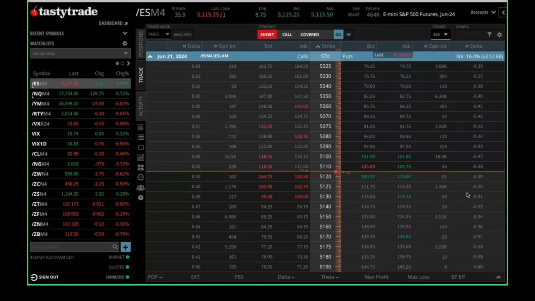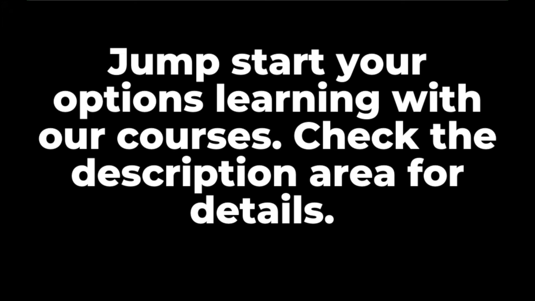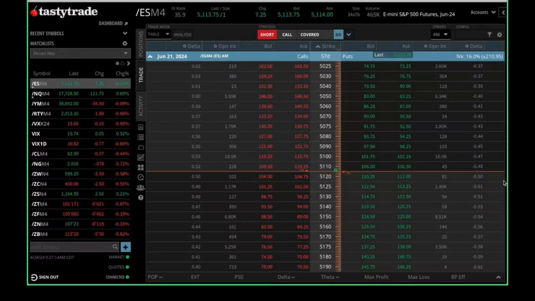Once we open up the option chain, when we're doing a bullish put spread that we teach in lesson 3, the first strategy we teach in course 1, this is my favorite strategy. To me, it's the easiest strategy to execute besides doing just a single leg put that you sell.